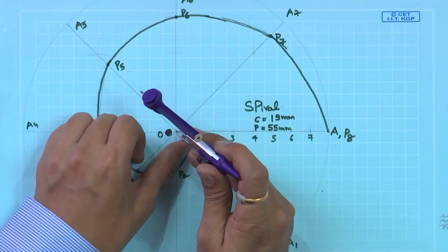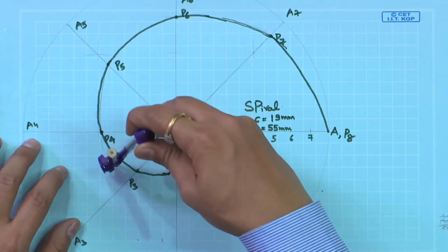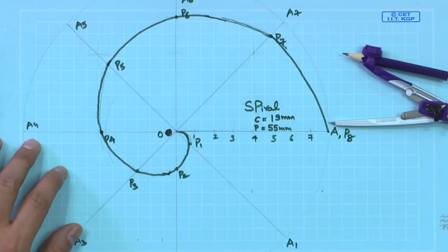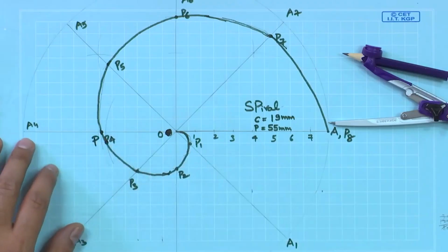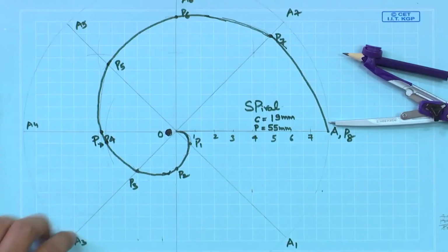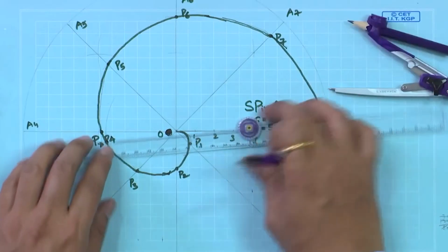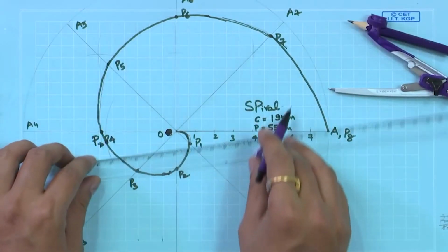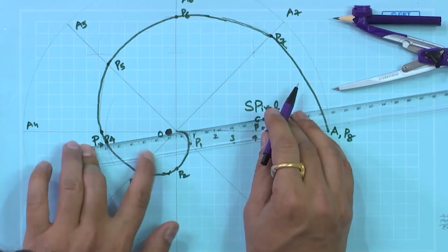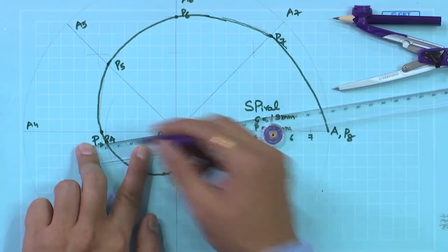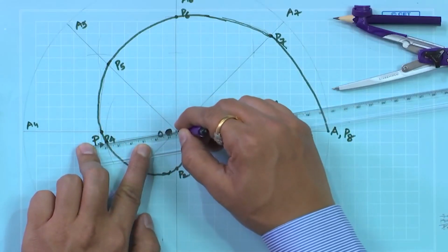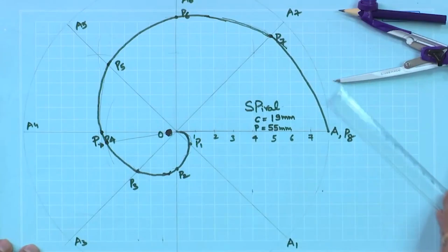From O, make an arc somewhere there. So, call this point as P. So, this small one is P. Now, join O and P. So, this is the normal.